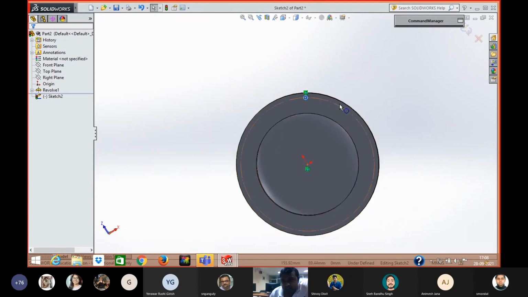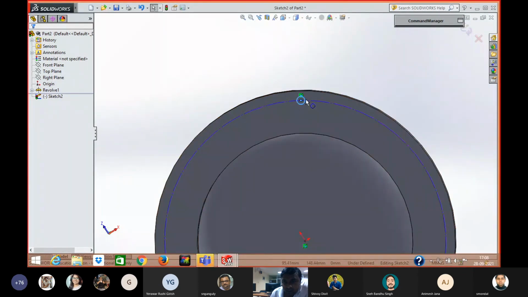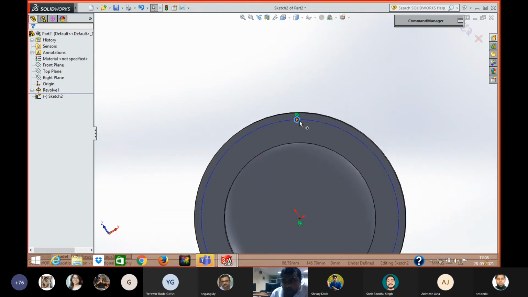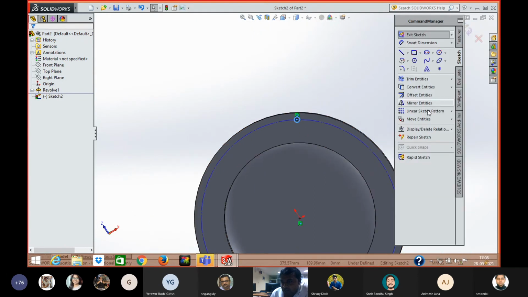Now suppose 20 bolts may be required to join this head portion with the shell. So you don't need to draw these 20 holes. You can draw a single hole and then go to the commands: linear sketch pattern, and there is also a circular sketch pattern.